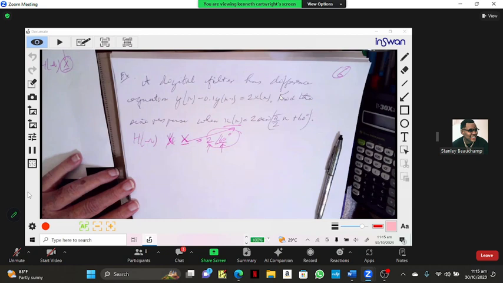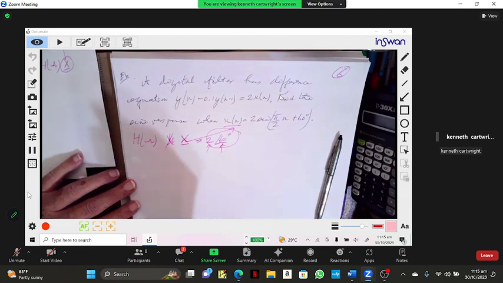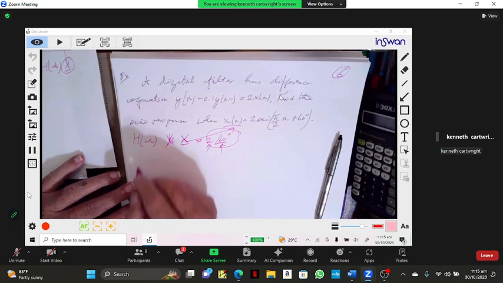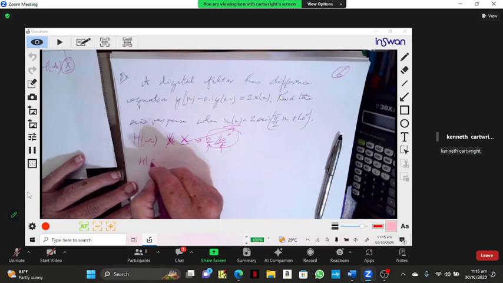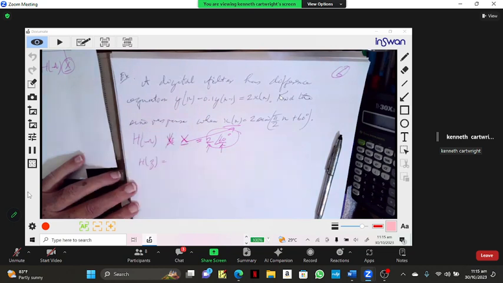We would need a transfer function. Okay, let's go down that path. How do we get that? Y of z over X of z.